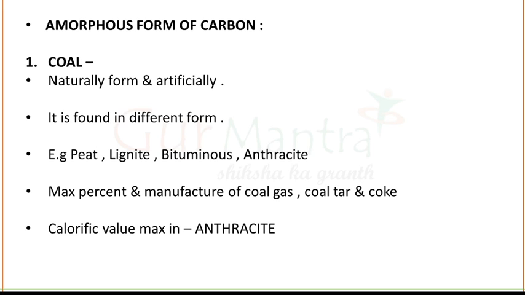Amorphous form of carbon. This is the remaining part of group number 14. Basically, amorphous form of carbon is free reactive carbon that does not have any crystalline structure. Amorphous carbon materials may be stabilized by terminating pi bonds with hydrogen.